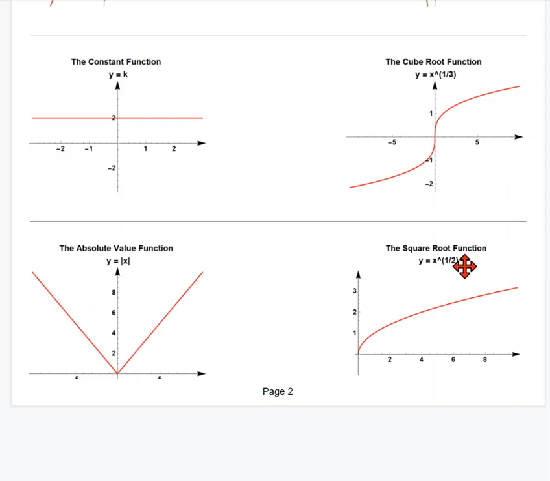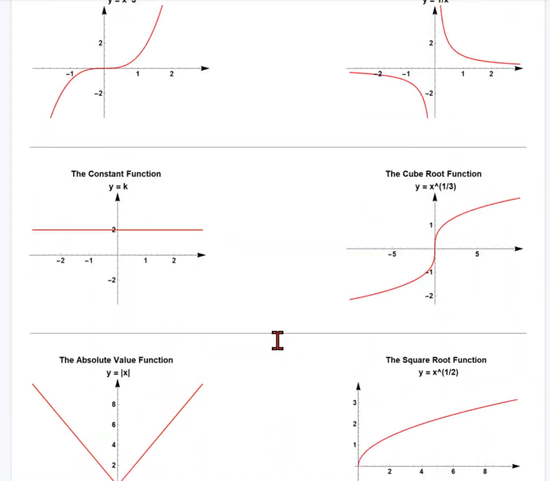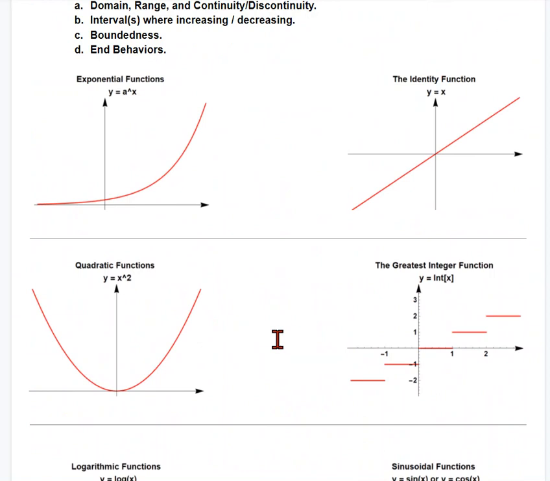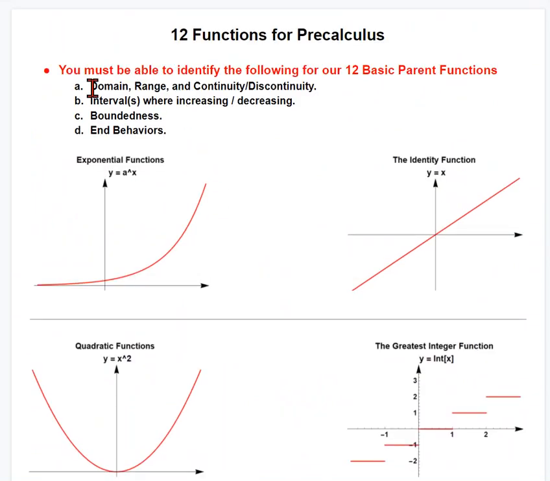And then the square root function, which is the square root of x. Of course, we could move this function up, down, left, right. These are the 12 basic functions with which you need to be familiar and be able to answer these different questions about domain, range, continuity, discontinuity, intervals where you're increasing or decreasing, and your boundedness and your behaviors.